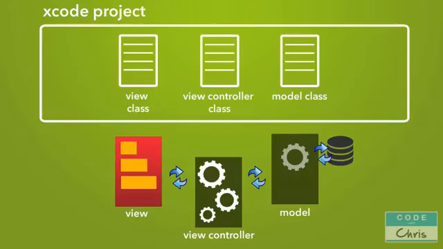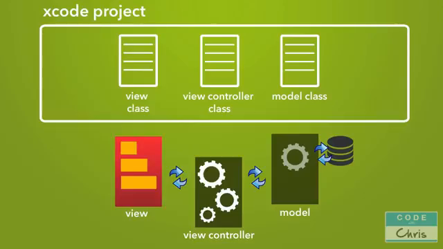And then in the model class, I might write code to say, if the view controller asks you for data, then go fetch the data and then return it. Are you with me so far? So a class contains instructions written in code to describe how a component is supposed to act and how it's supposed to interact with the other components.